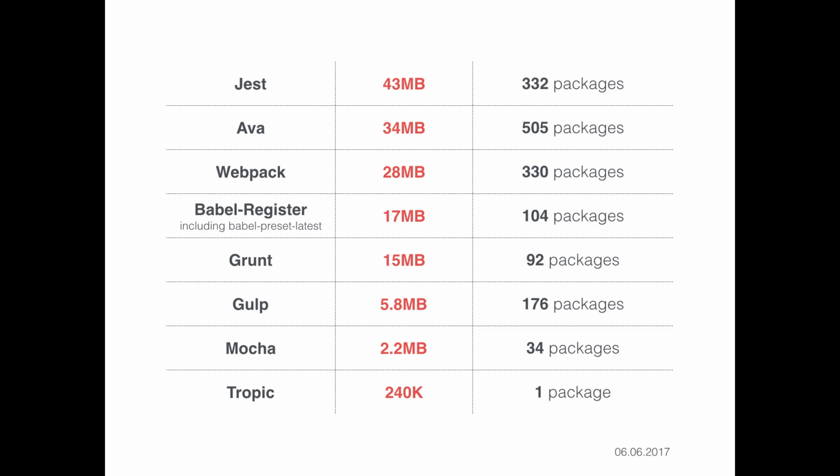I actually got curious how the other test runners are taking up all my space, and I ended up creating a directory and smaller projects with them, and it's really like Tropic just blows them all away.